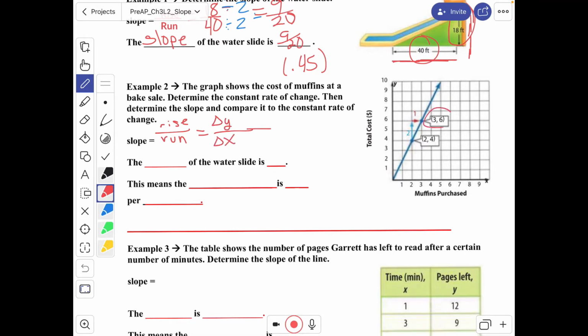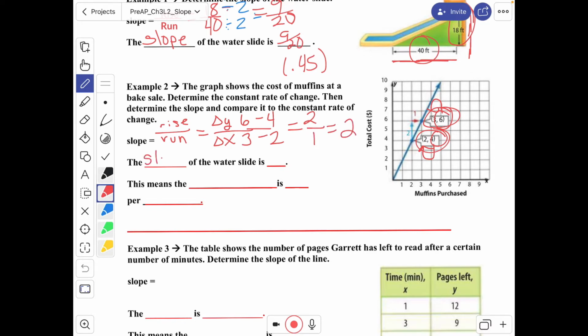Out of these 2 points that they gave us, the y's are 6 and 4. So 6 minus 4. And then the x that goes with 6 is 3. And the x that went with 4 is 2. And then we want to subtract. 6 minus 4 makes 2. 3 minus 2 makes 1. And 2 over 1 is just 2.